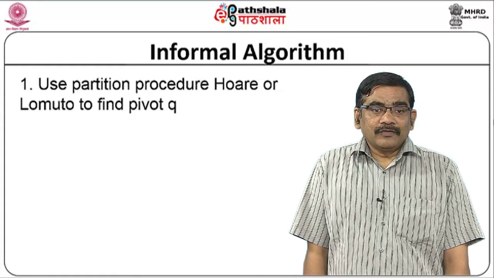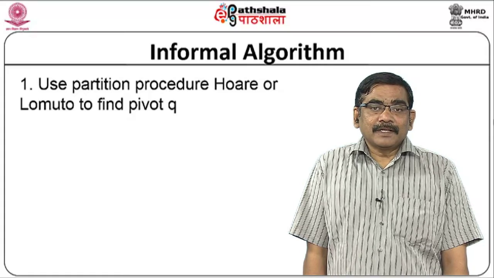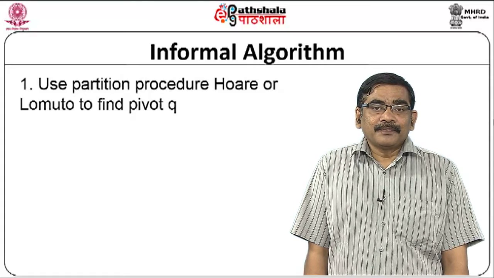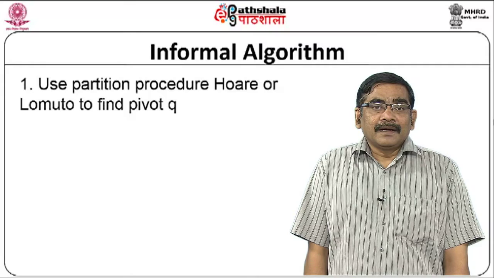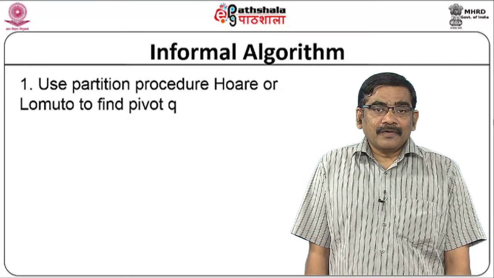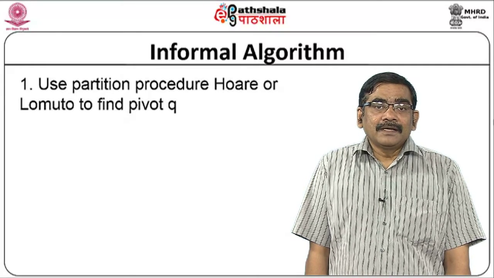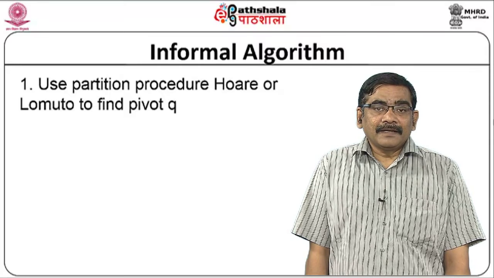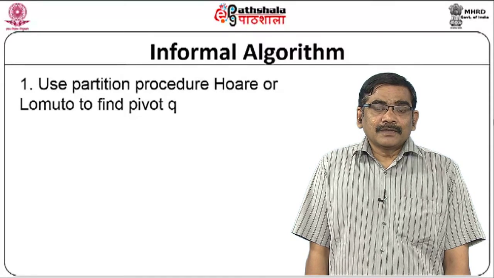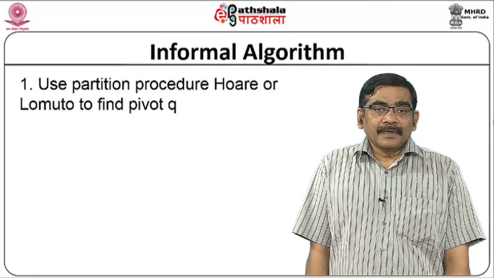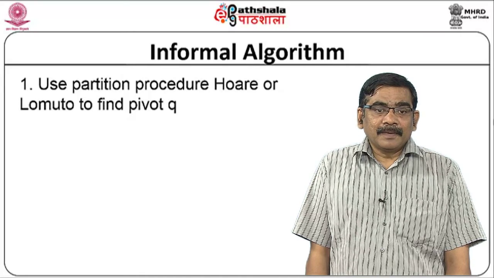The informal algorithm is very simple. It is based on the design paradigm of decrease and conquer. We are going to apply the variable factor approach, which means we are going to divide the problem.